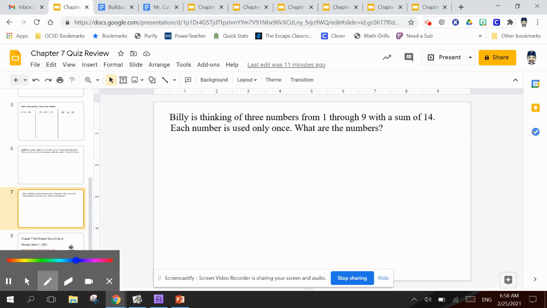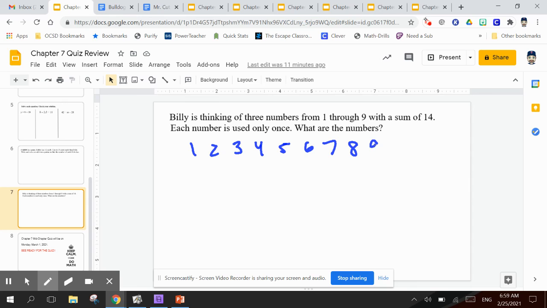The last one here says Billy is thinking of 3 numbers from 1 through 9 with a sum of 14. Each number is used only once. What are those numbers? Well, here there's random. So you have the numbers 1 through 9, 2, 3, 4, 5, 6, 7, 8, 9.